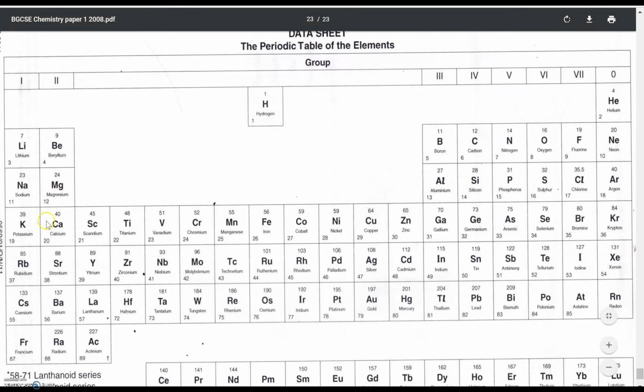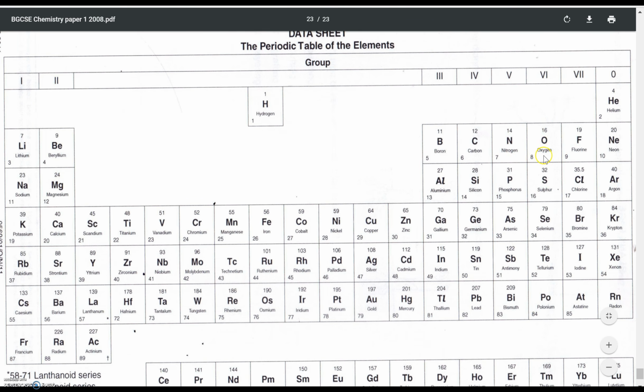So calcium is in group 2 and period 4, or the 4th period. Oxygen is in group 6 and in the second period.